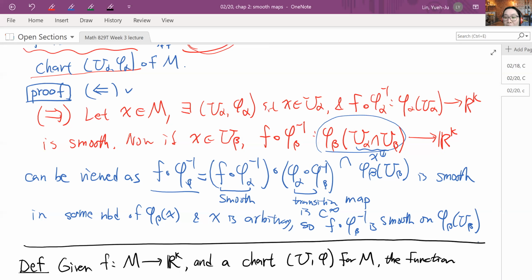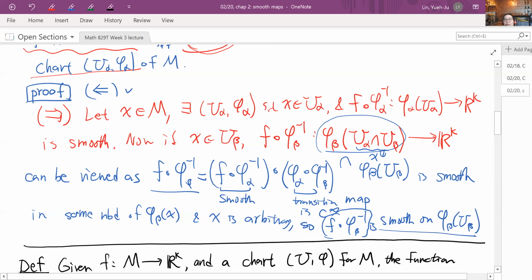So this tells me that this new function F composed phi beta inverse is going to be smooth again, for an arbitrary chart that you choose, as long as they overlap. So this proof tells us it really doesn't matter which chart you're choosing, as long as you have a nice smooth structure, which means all the charts are smoothly compatible with each other. And that's exactly why you can now see why we need smooth compatibility.